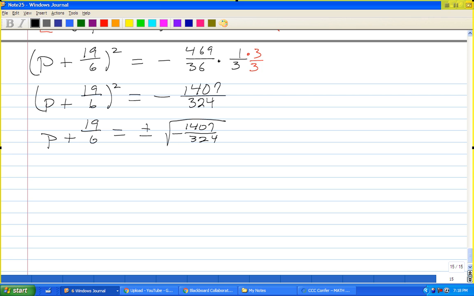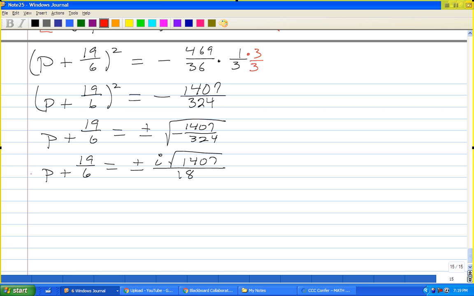And so this is equal to plus or minus the square root of 1407i over 18.